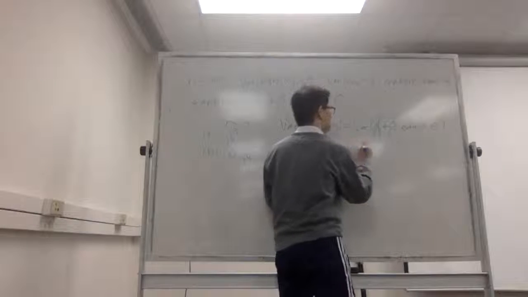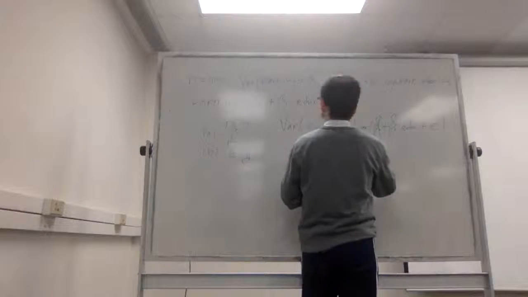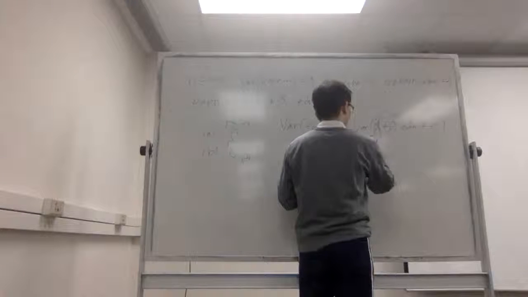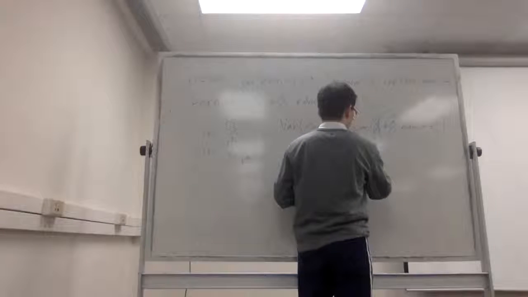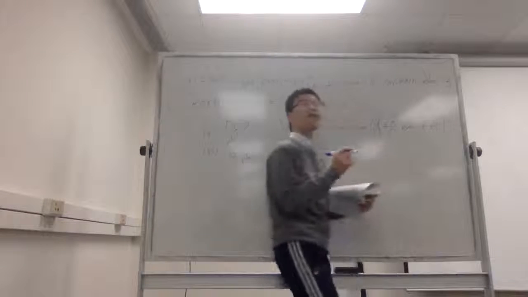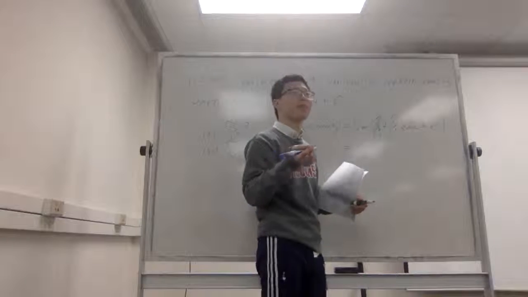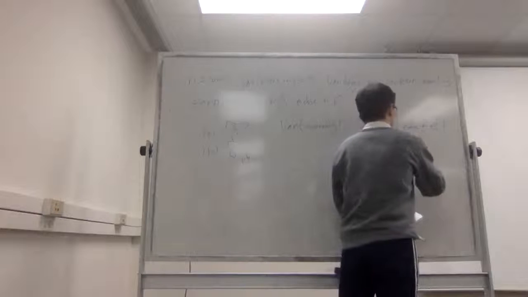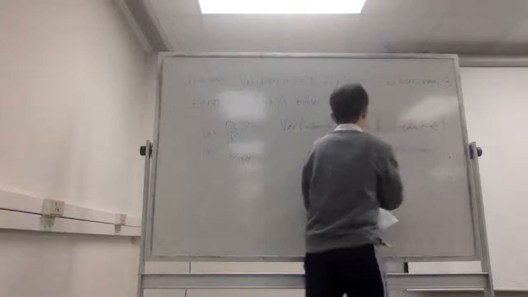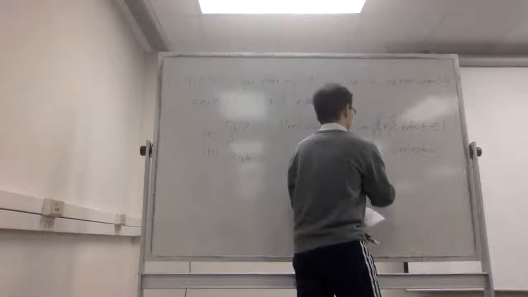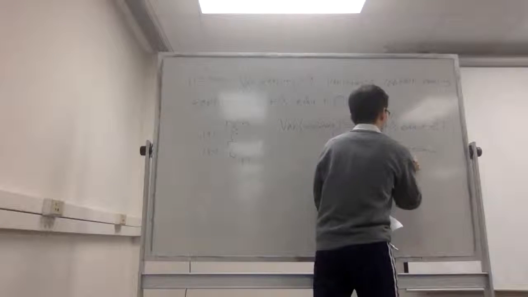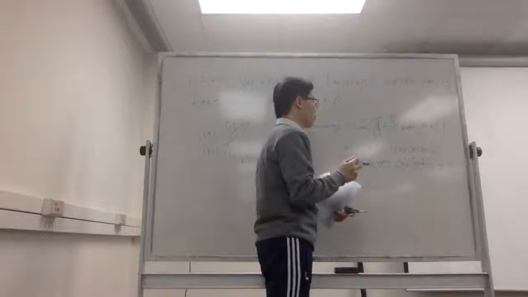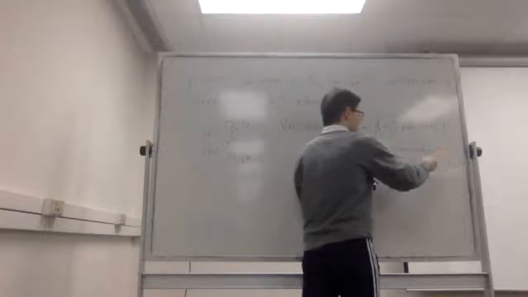And we do know beta 1 hat is now 0.75 from question A, right? So 0.75 squared times the variance of education, plus 0.75 times the covariance of education and E, which is assumed to be 0.